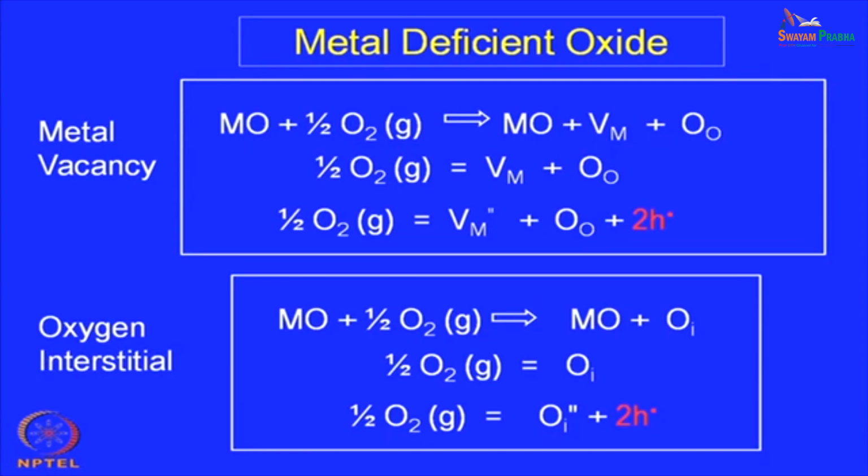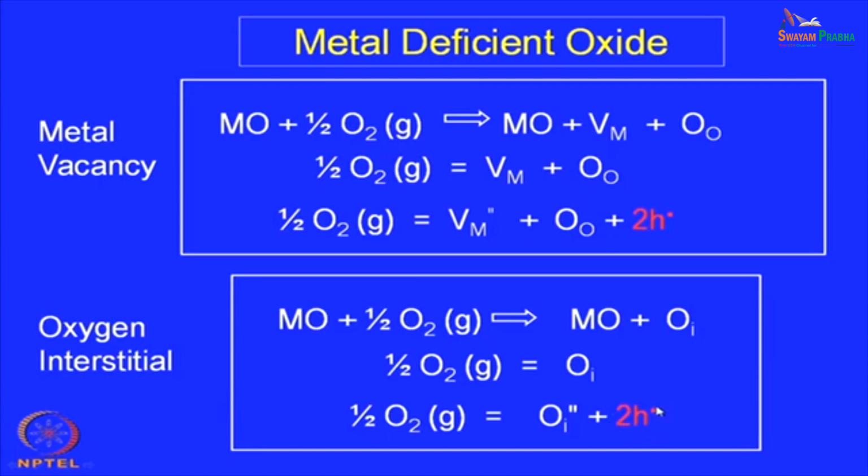We are basically interested in what kind of concentrations of different defects will be created as a result of this metal deficiency, and you can see in both the cases, whether it is metal vacancy or oxygen interstitials, we are generating 2 holes.